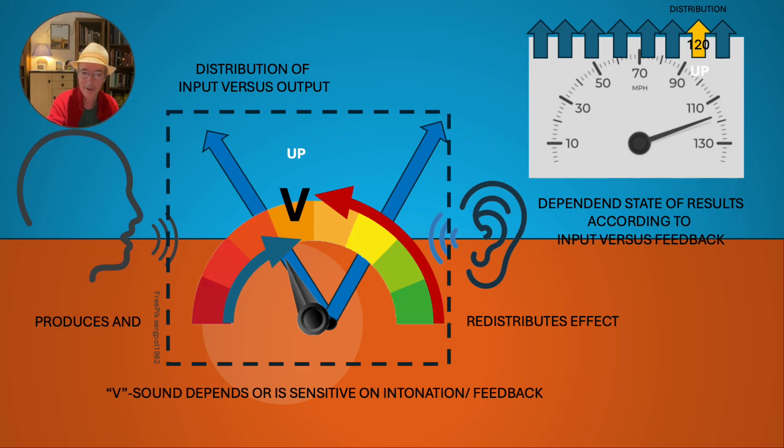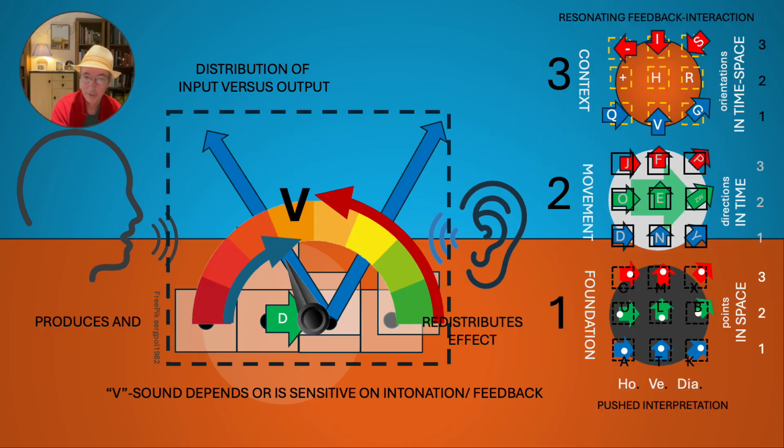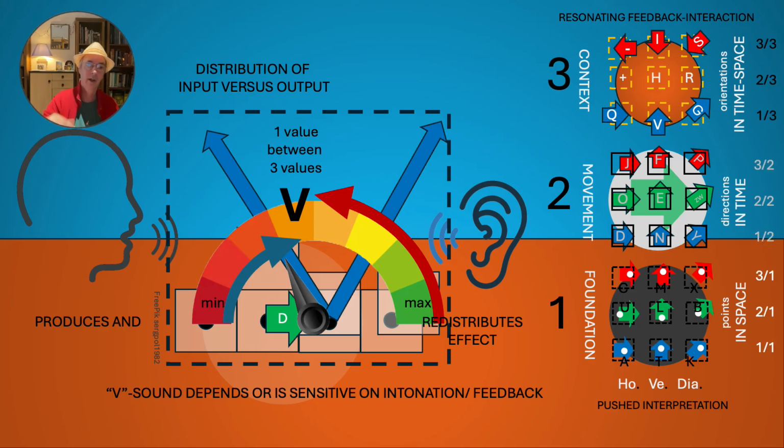It's redistributed in that way. So if you have that word V in a sentence, depending on what balance there is, there can be a measurement, a value taken out. We will give examples later, but first I had to give this example of an image that will help you.